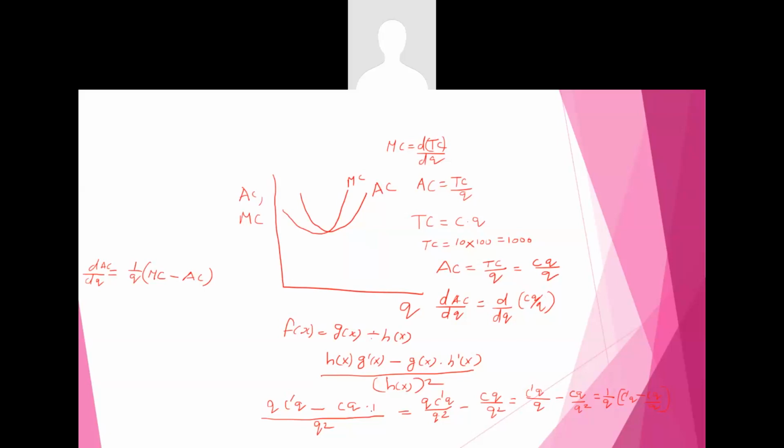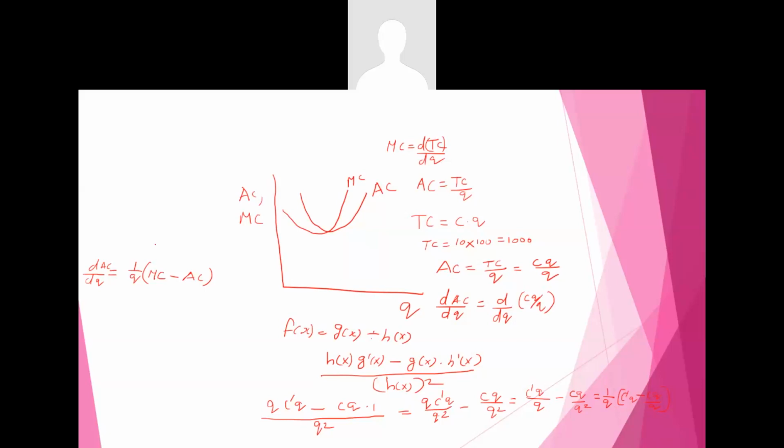What have we actually done here? We applied the quotient rule. You take the denominator q into the first derivative of the numerator, c dash q, minus the numerator cq into the first derivative of the denominator, dq by dq, which is 1, whole divided by q squared. Rewriting, q into c dash q by q squared minus cq by q squared, we cancel this q with one of the q's, so it becomes c dash q by q minus cq by q squared.